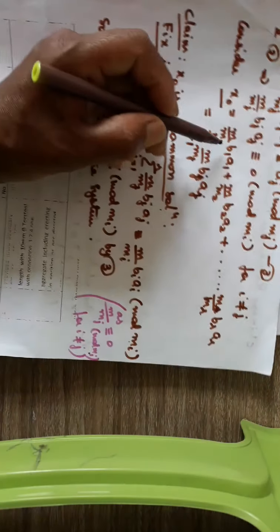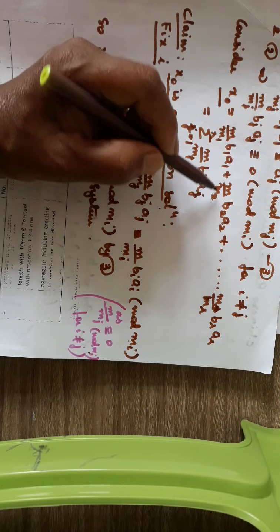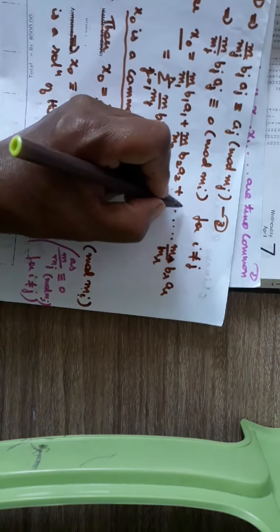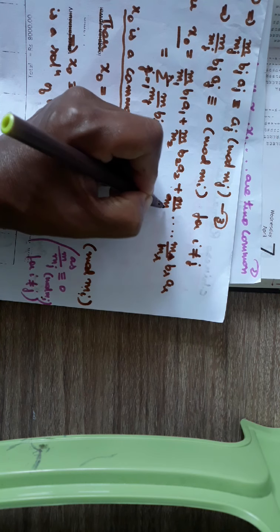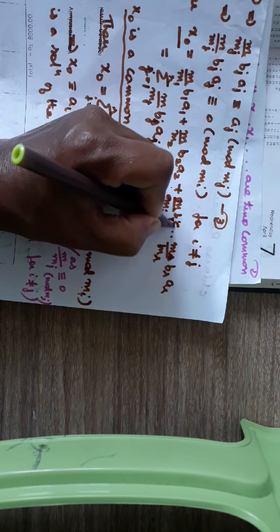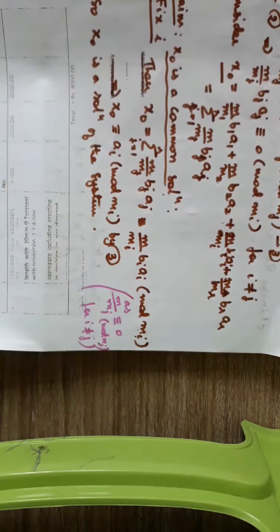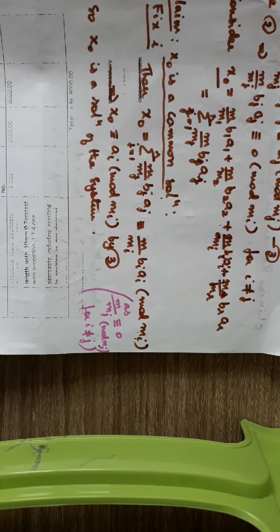So if you take Mi, because we are fixing i, this x naught will be M by Mi into bi ai plus and so on, plus M by Mr into br ar.